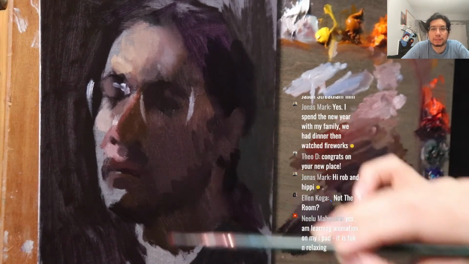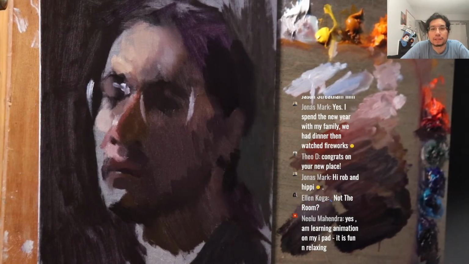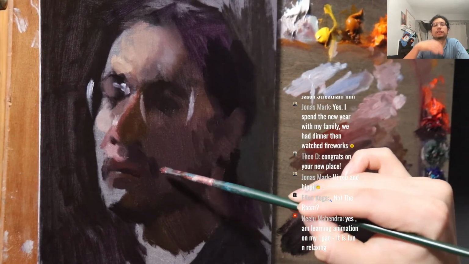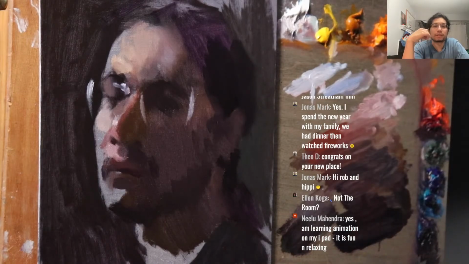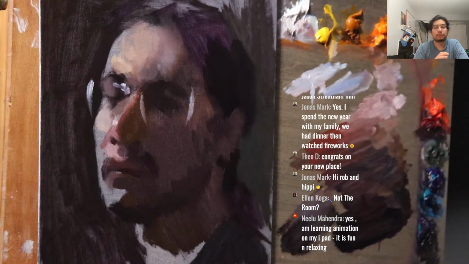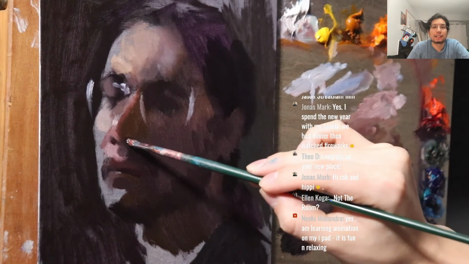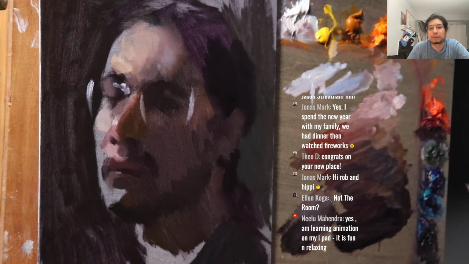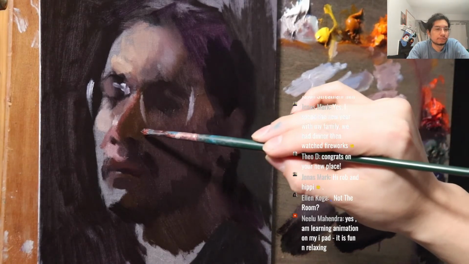You can see I'm starting to anchor down the dark for the upper lip and the dark for the bottom of the lip, going around the form, encapsulating the form with the exterior shapes, and then working towards the interior. Sometimes it's the reverse, but this time we're going from the dark outwards.